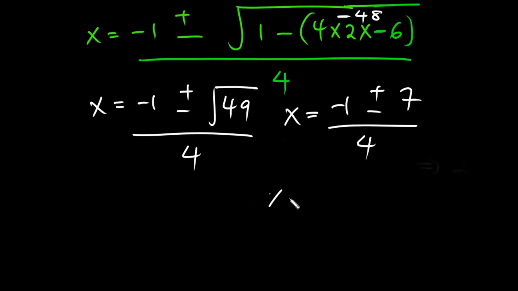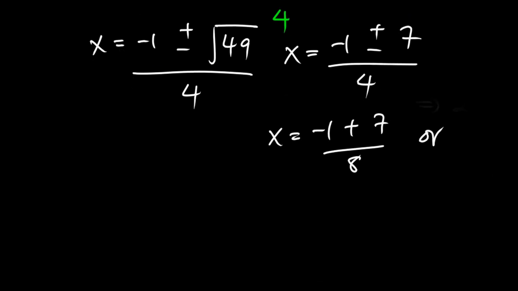So x could be -1 plus 7 divided by 4, not 8, this should be 4. Then -1 minus 7 also divided by 4.